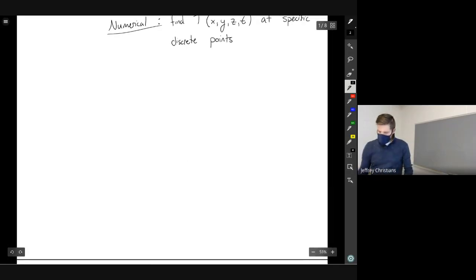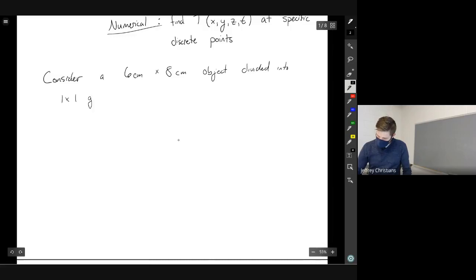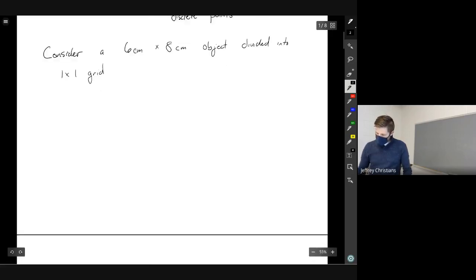So we'll look at, consider a 6 centimeter by 8 centimeter object divided into like a 1-by-1 grid. So we're going to look at a numerical solution of something like this.